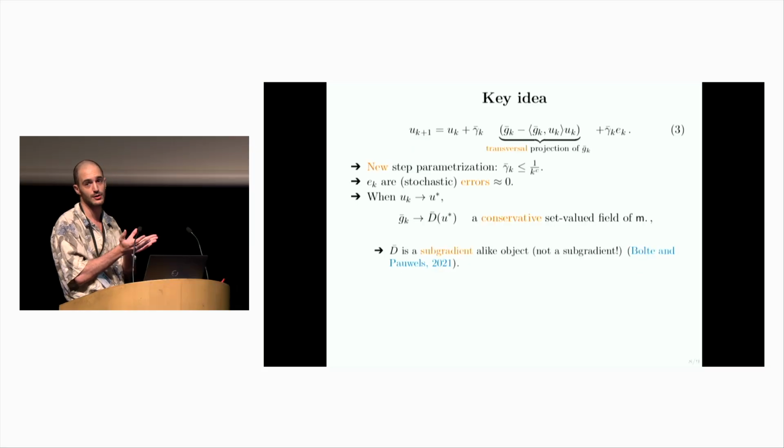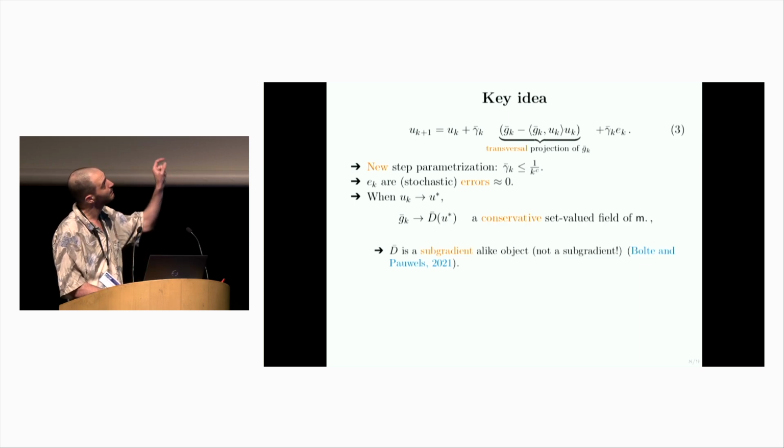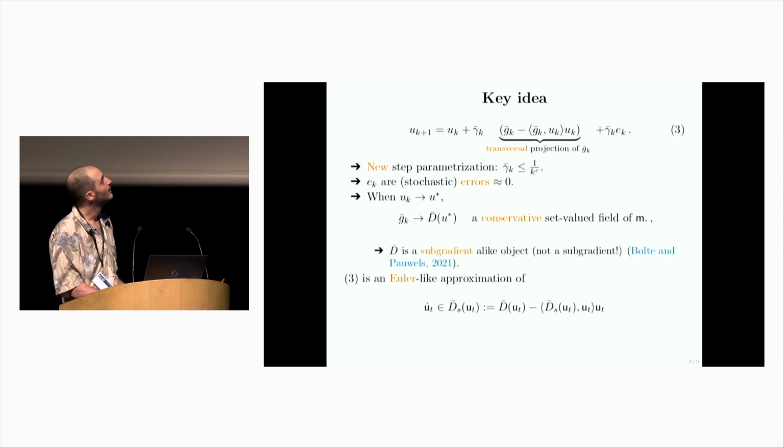So it's not exactly a subgradient, but it behaves mostly as a subgradient. With that, and mainly because gamma bar goes to 0, you have this equation, a good stochastic approximation of this subgradient flow projected on the sphere, a differential inclusion.